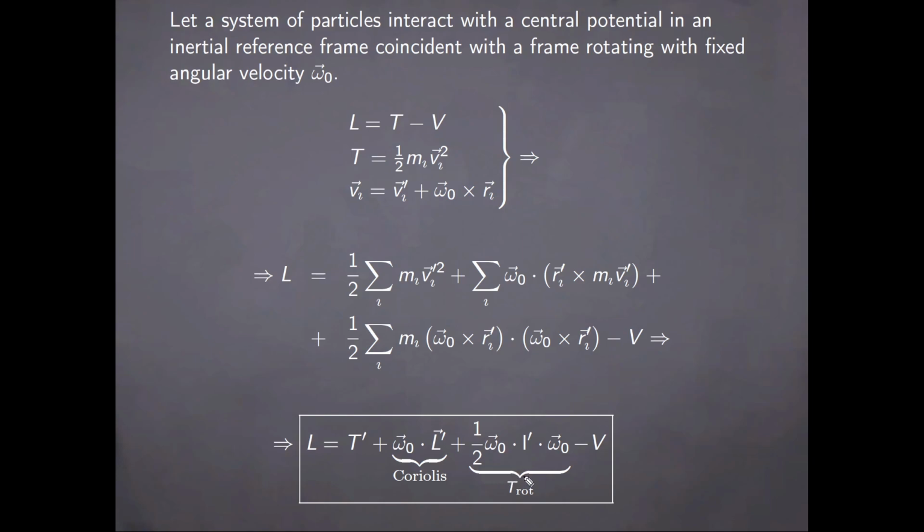So this is just the rotational kinetic energy, which is seen in the rotating frame by the fact that the system as a whole appears to be rotating. And of course the potential energy is invariant, since it depends only on the relative distances between the particles, and these are unaffected by such a transformation.